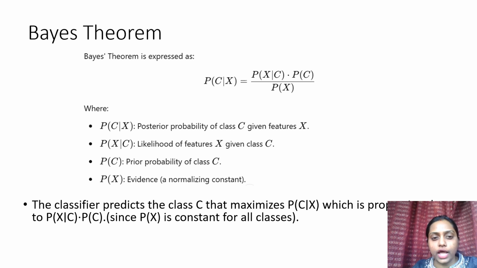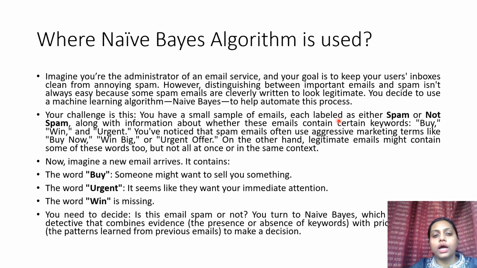Now, in the next slide, we see where we use the naive Bayes algorithm. Suppose you are an administrator of an email service, and your goal is to keep your users' inboxes clean from annoying spam messages.